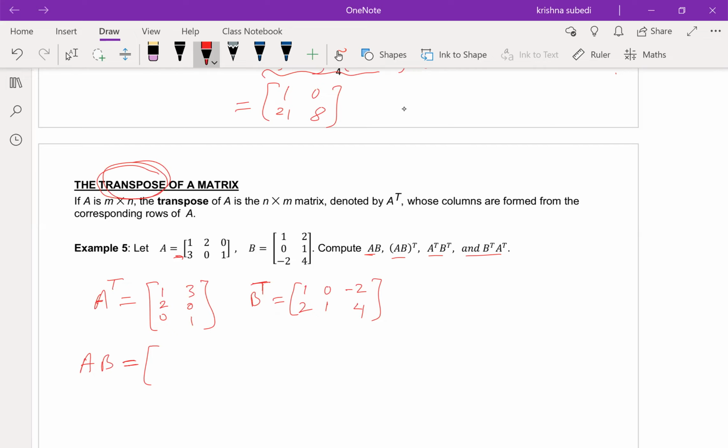So for that reason, if we spend a few more minutes practicing the multiplication, I think it will pay off later. So we get 1, 4 in the first row. And B is 1, 0, -2 and 2, 1, 4.